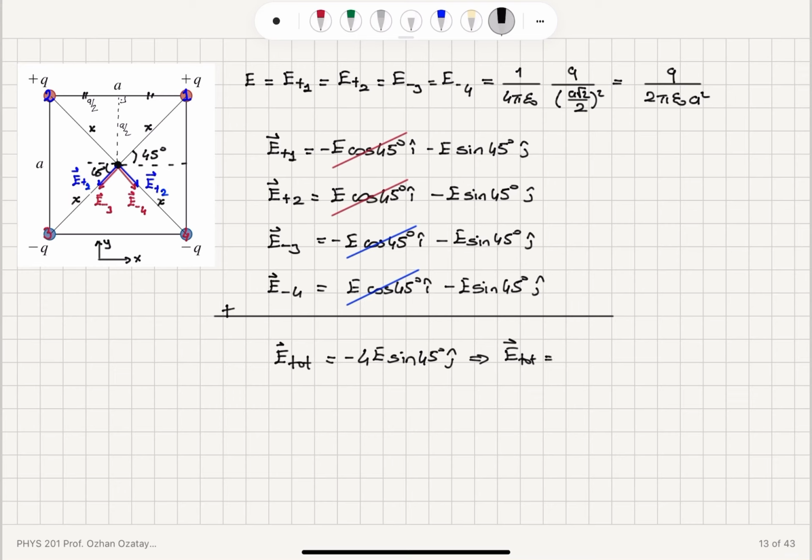so for E I substitute Q divided by 2 pi epsilon 0 a squared. So this is going to be minus 4Q divided by 2 pi epsilon 0 a squared. Now sine 45 is square root 2 over 2 in j hat direction.